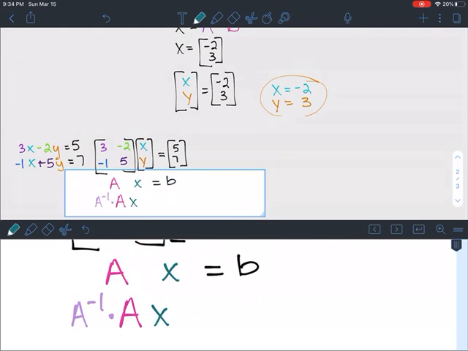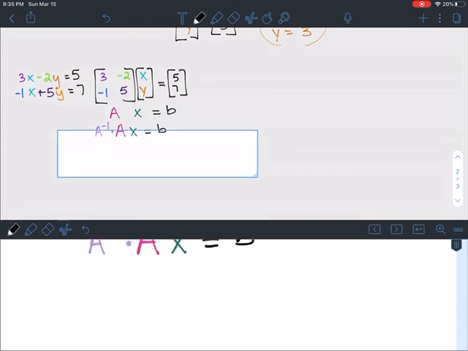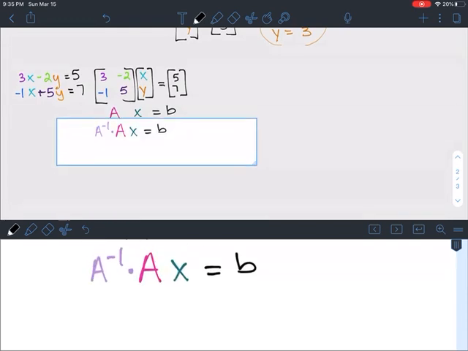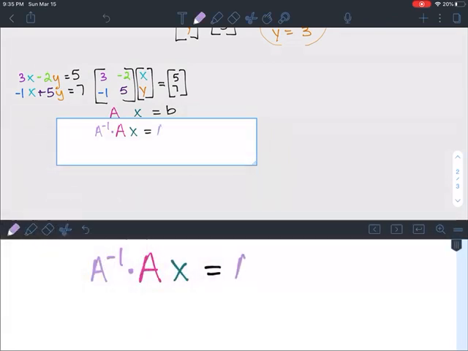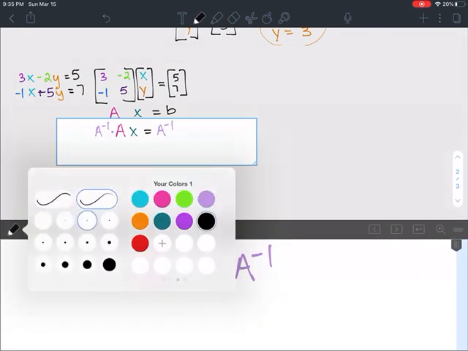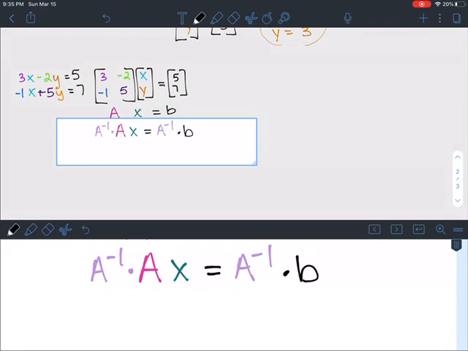That's the idea that when I multiply something by its inverse, I get 1. Whatever I do to one side, I have to do to the other. So I multiply by the inverse on both sides. On the left side, it cancels, and I'm just left with my X.